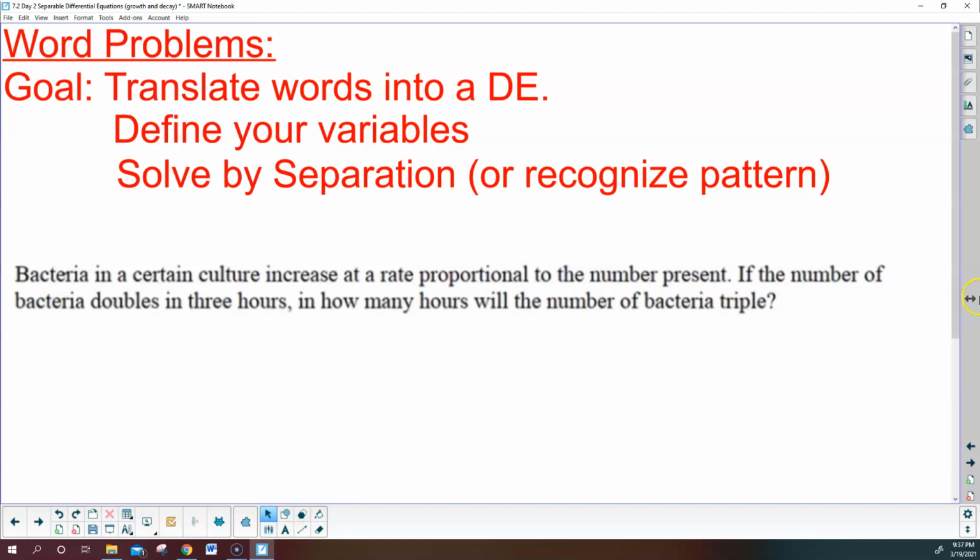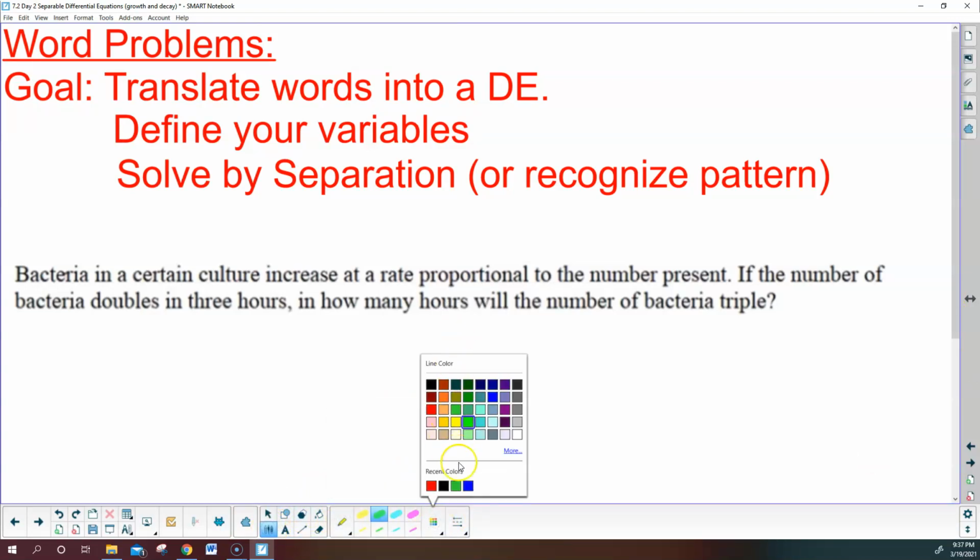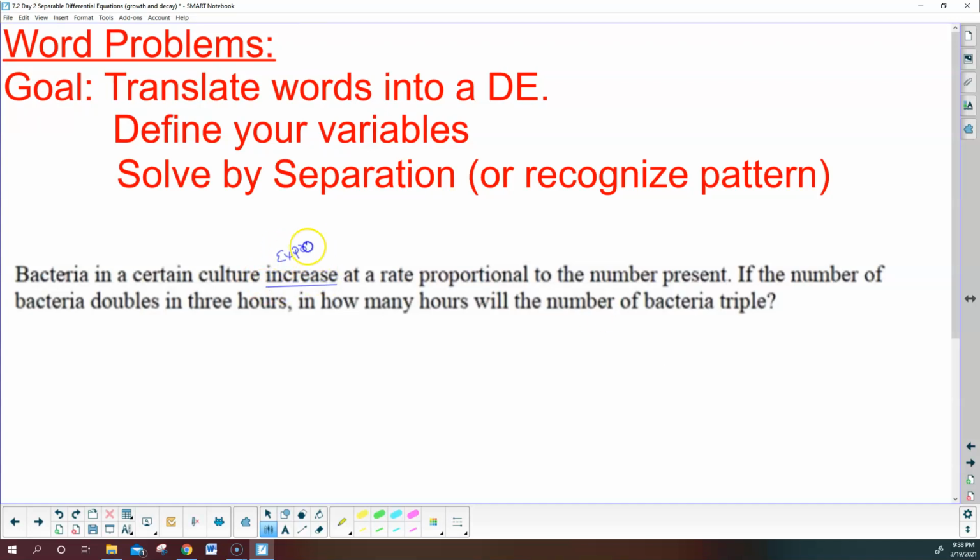So right there, you have to really pick out what's going on. Bacteria in a certain culture increases, so that increases is going to tell me that this is exponential growth.